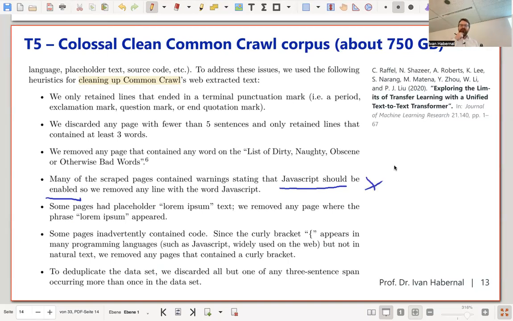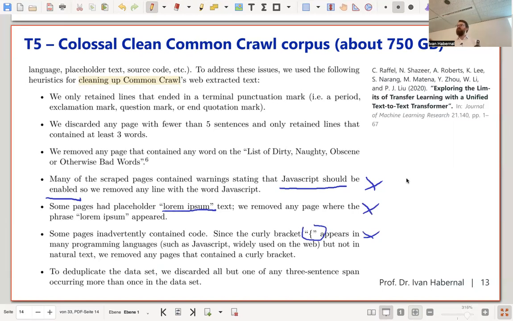What else? Some pages contain lorem ipsum. Yeah, of course. If you just design a web page and you have nothing in there, you just put lorem ipsum. There's a lot of such things on the internet, so you have to delete that. Some pages contain code, curly brackets, so you want to remove code, unless you're doing something with code.